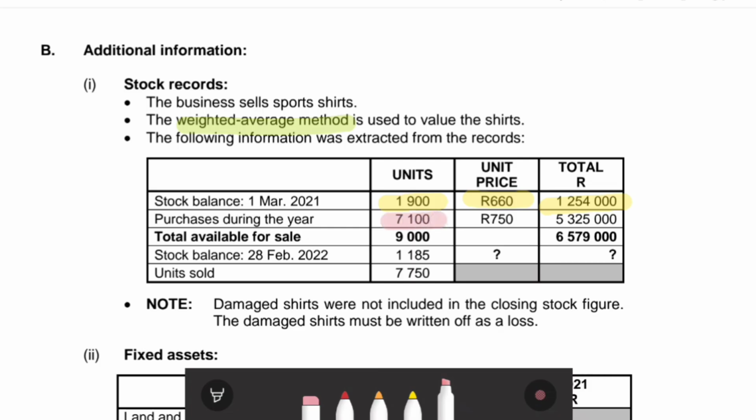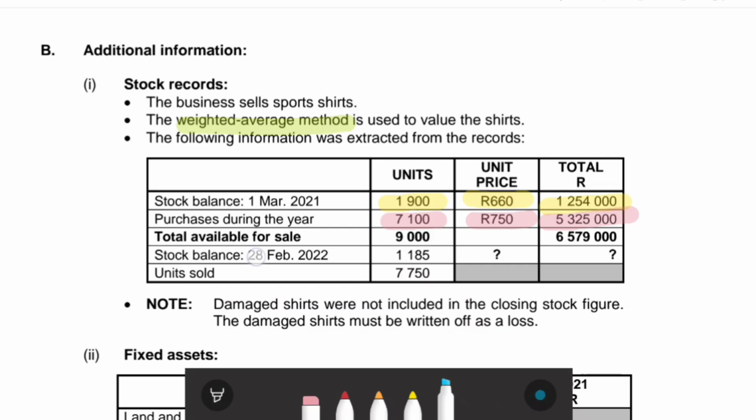But this time around, the manufacturer or the supplier charged us 750 per shirt, which amounted to a total cost of 5,325,000 rands. Right. We are then told that at the end of the current financial year, remember our current financial year is March 2021 to Feb 2022.